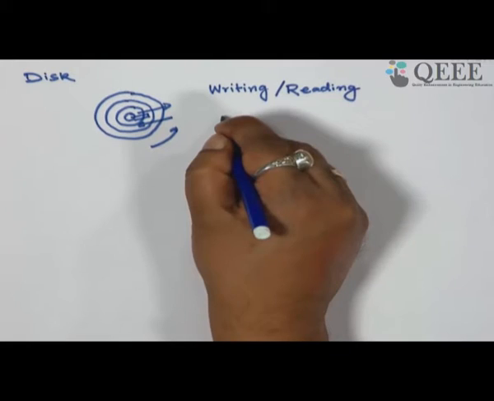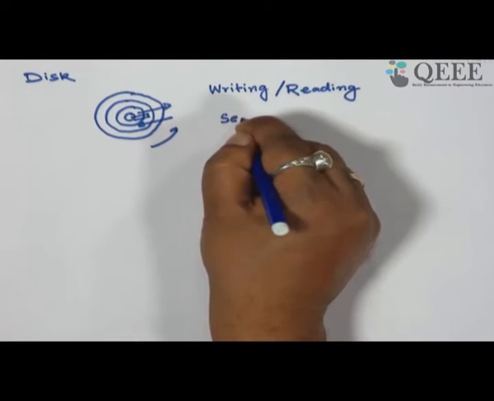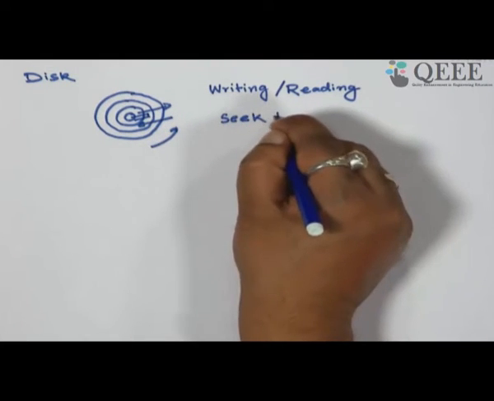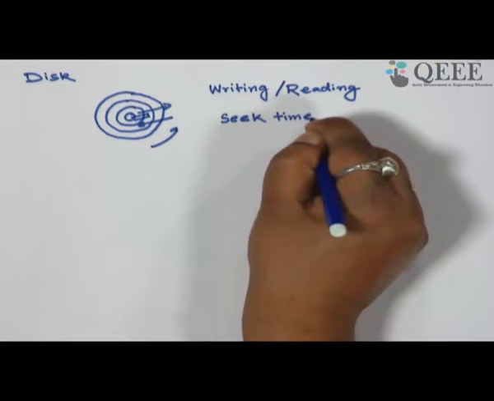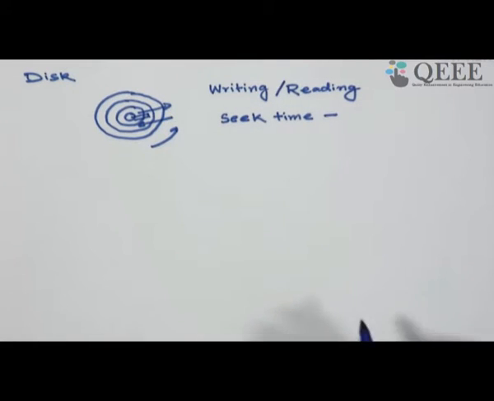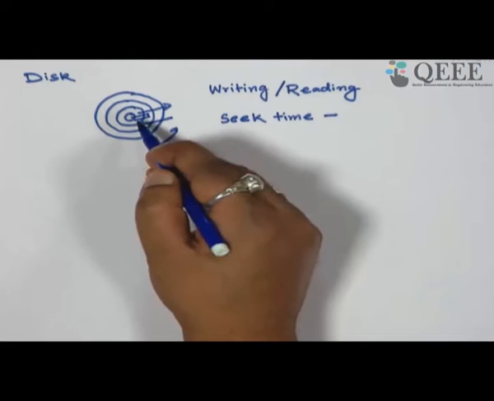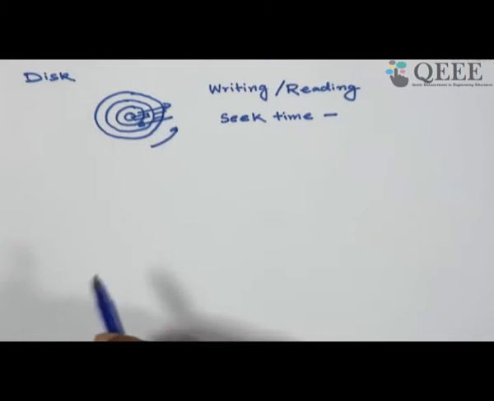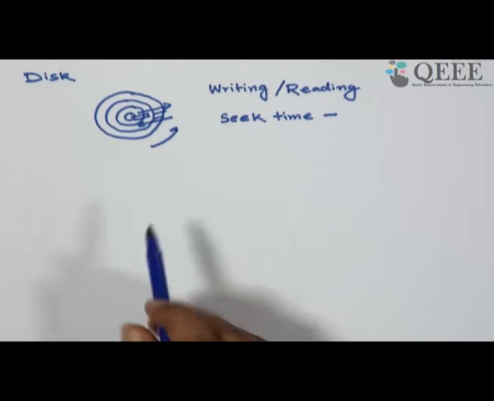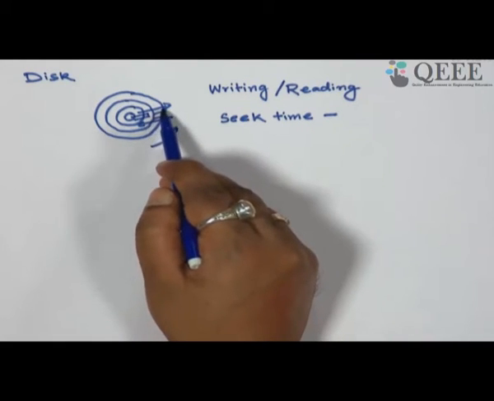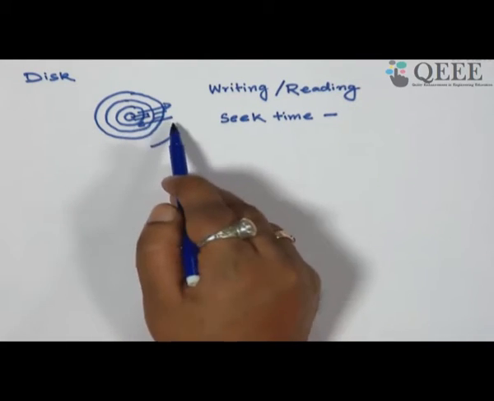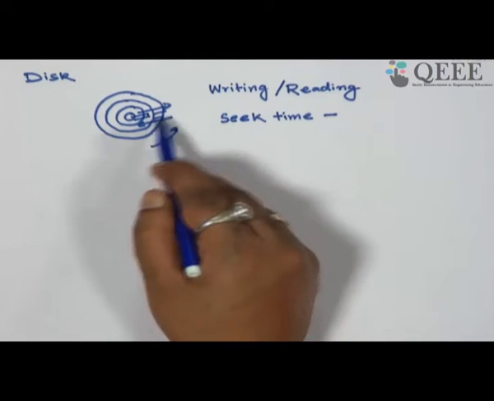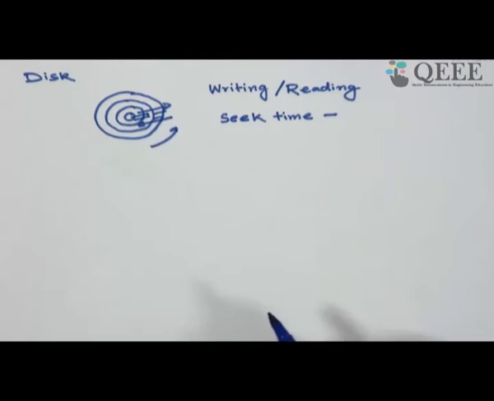One is the seek time. The time it takes, once a request to read or write to a particular track comes, for the head to move from its current position to that track.